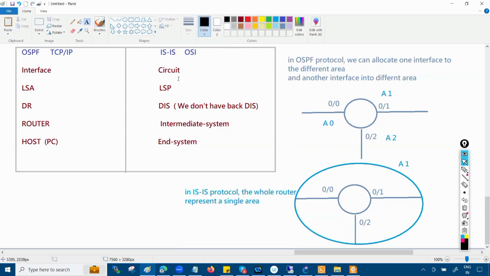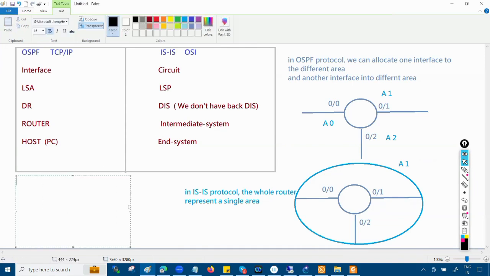Another point I may mention, that's another difference. In OSPF, if I talk about network types, we have broadcast, which is the default on the Ethernet segment. We have point-to-point, which is the default on the serial link. We have point-to-multipoint, and we have non-broadcast multi-access. 4 types of network we have in OSPF.